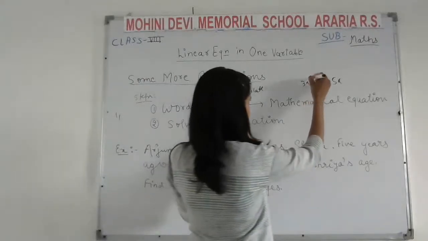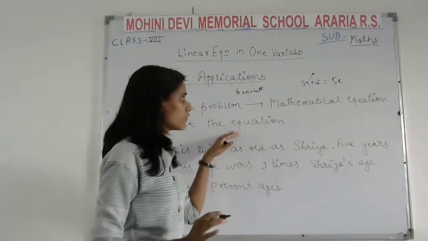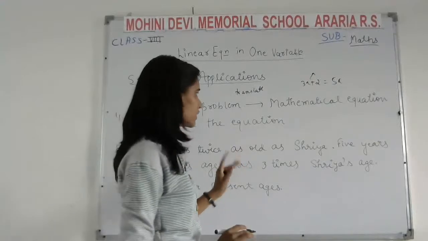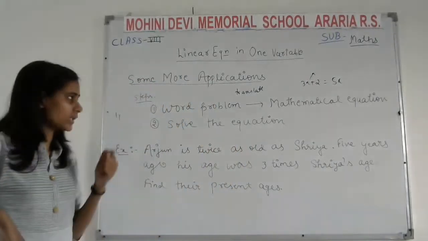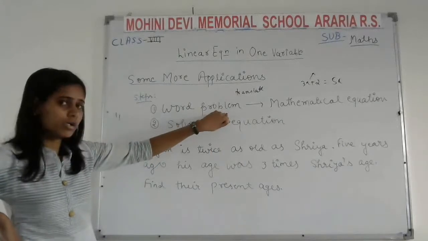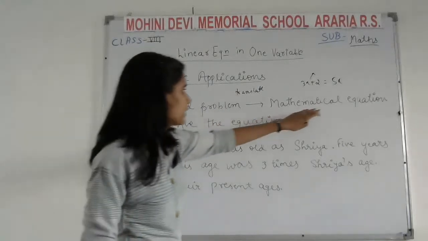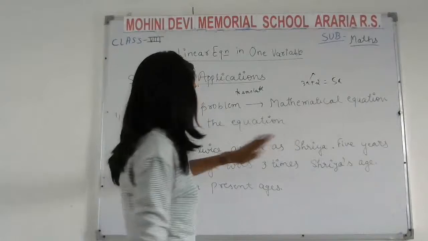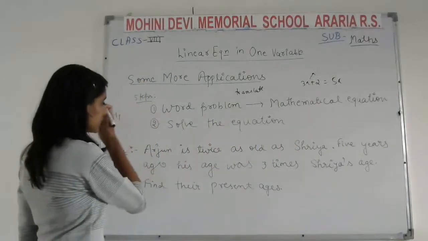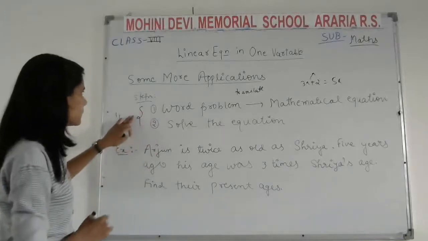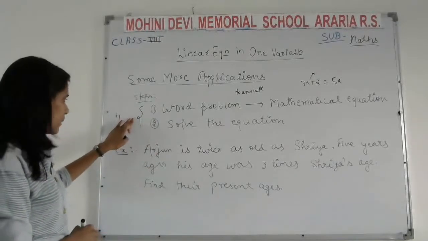After solving the equation, you will get the value of x, which is called the solution or root of the equation. By understanding each and every word of the statement, you can write the mathematical equation, which you will then solve. This is how to use linear equations in their application.